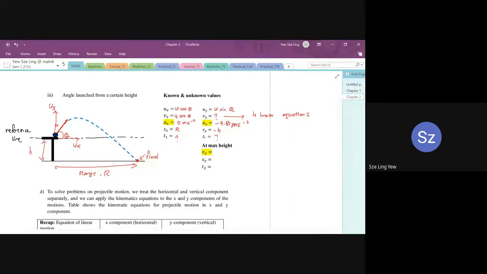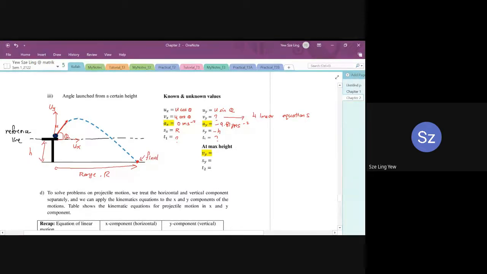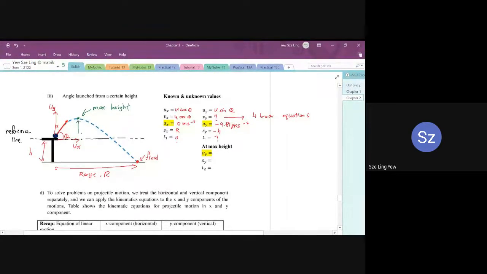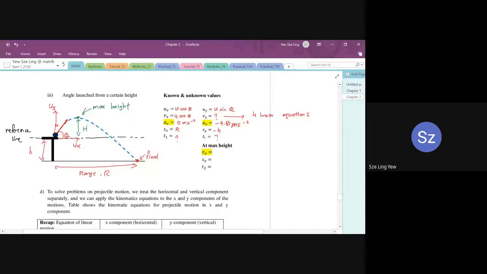Okay, now at the maximum height, this is our maximum height. For the maximum height, I'm going to use a capital letter H. So what happens to vy at maximum height?